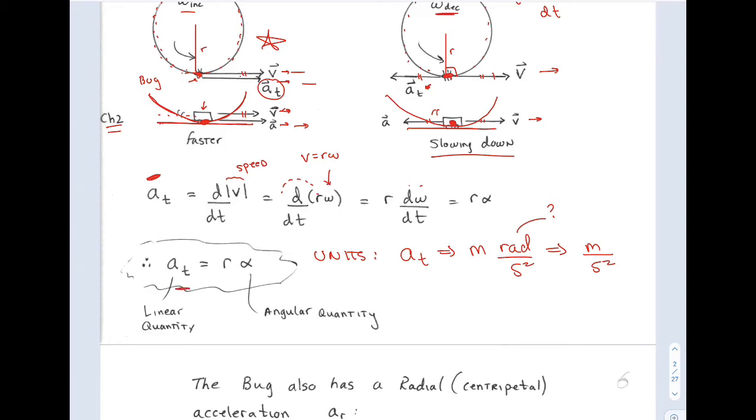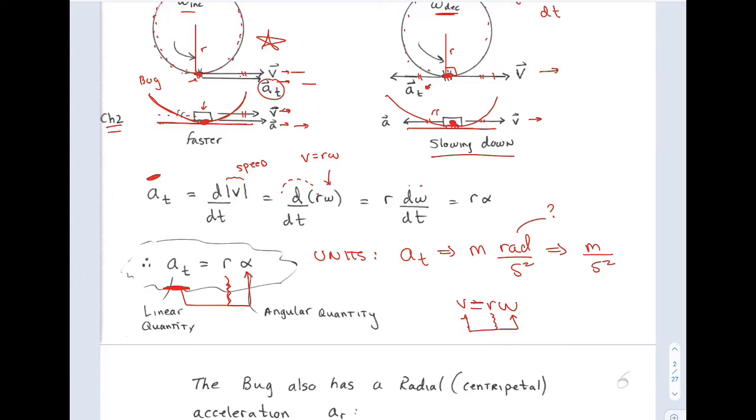So the tangential acceleration, this kind of reminds you of when we did v is r omega, the linear quantity v was related to its angular counterpart via the radius. Here, the linear tangential acceleration is related to its rotational counterpart, angular acceleration, via the radius.